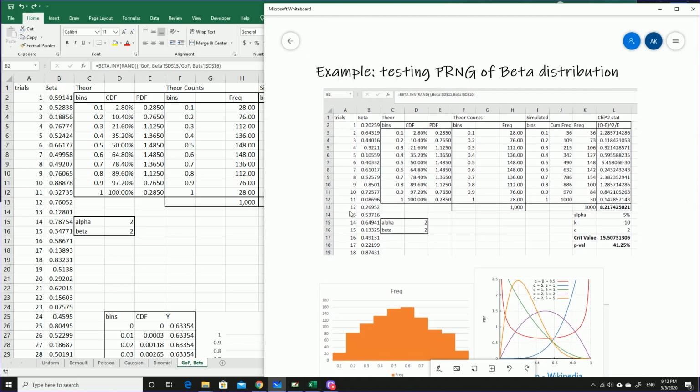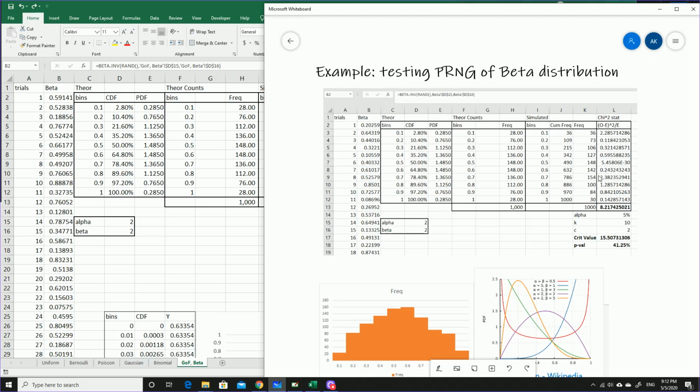Well, I will first create the histogram here, which I called simulated, and then I will compare it to theoretical frequency, right? So I have 1,000 numbers, and in each of these 10 bins, I will say how many should be there theoretically, right? Expected numbers. Then I'll compare them versus the actual or observed ones from my column B.